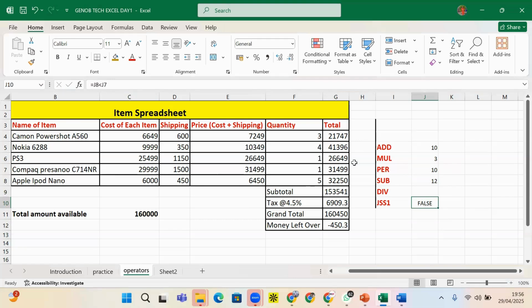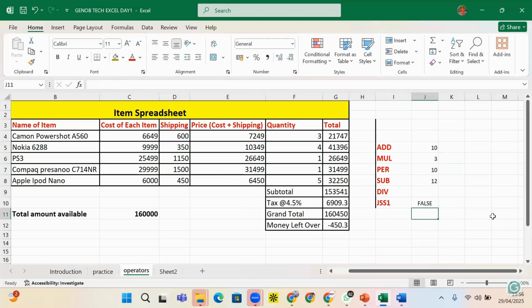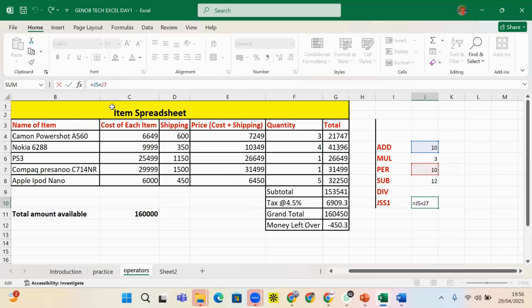So let us also use this one, J7, J5. Is J5 less than J7? Definitely it will be false. 10 is not less than 10. They are equal. But I can say less than or equal to, it will be what?